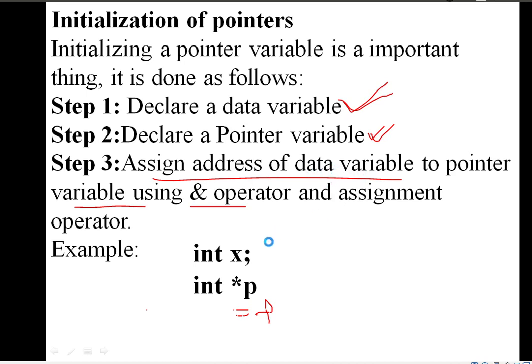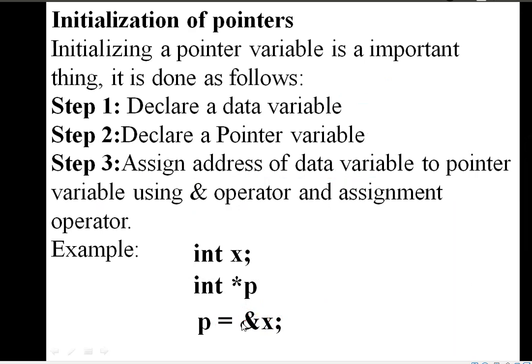The data variable, that is x, assigned to the pointer variable, which is p. This is called initialization of pointer. P is equal to address of x.